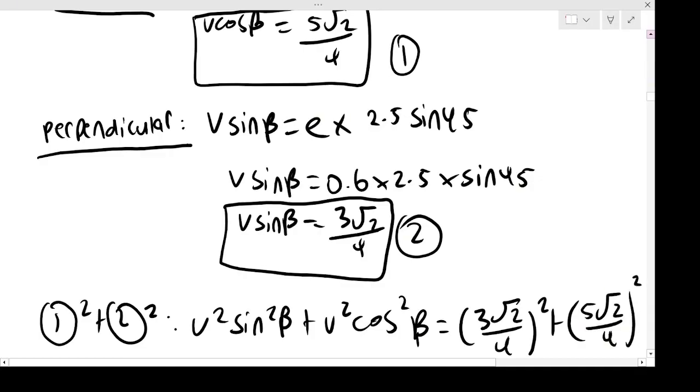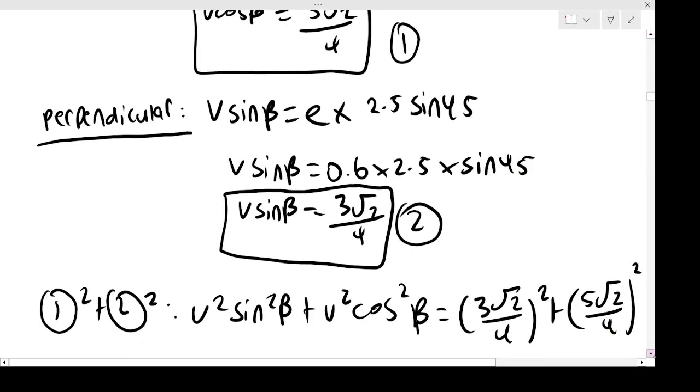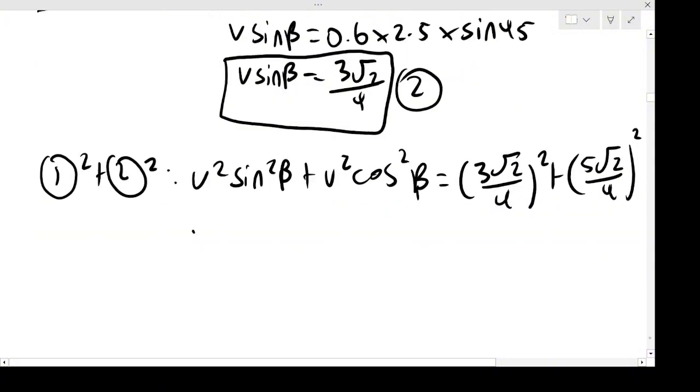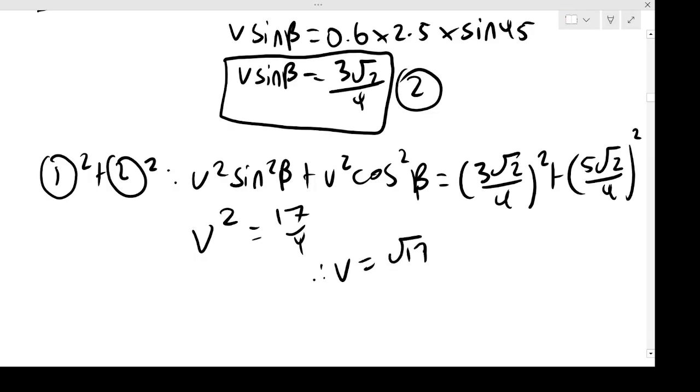Hopefully you're with me here. It will just go to v squared, because sine squared plus cos squared is 1. So v squared will be 17 over 4. Therefore v, if I root this, is going to be root 17 over 2. And there we are, that's my speed there.